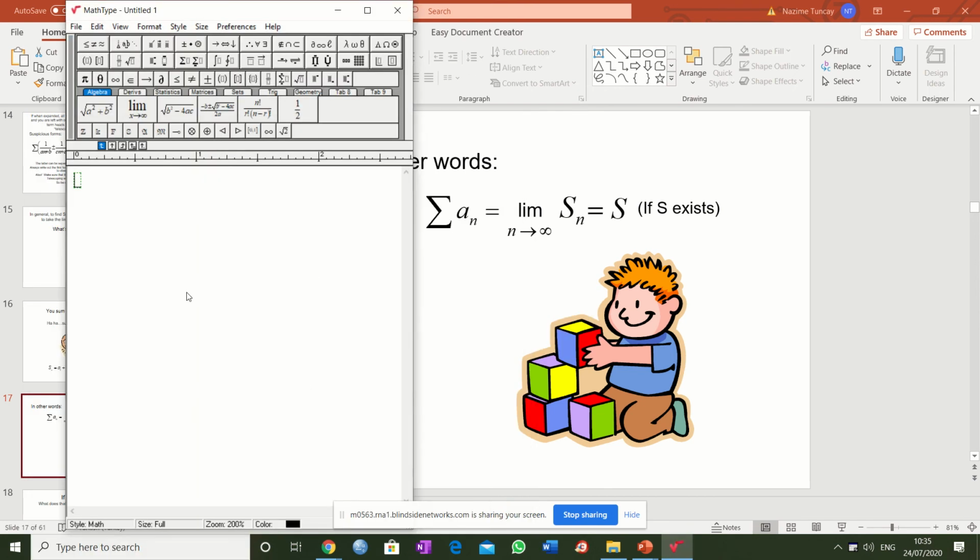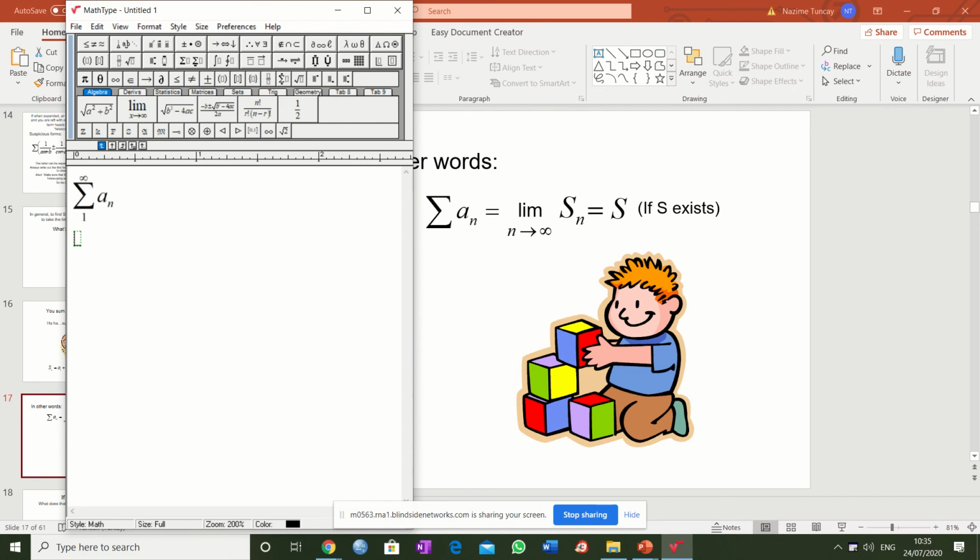Here, let us write a series. Let us say it goes to infinity, an infinite series. It starts from 1, and the term is a sub n. This is an infinite series.